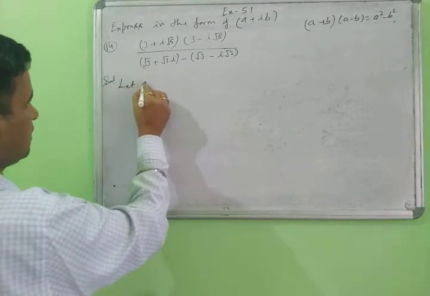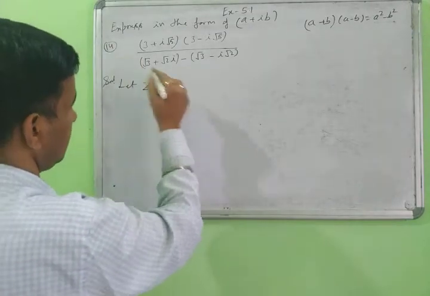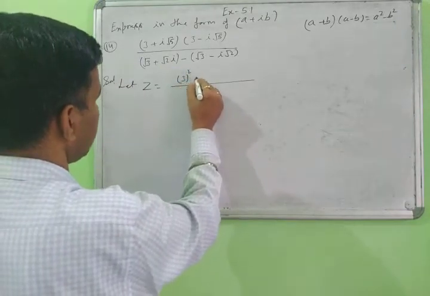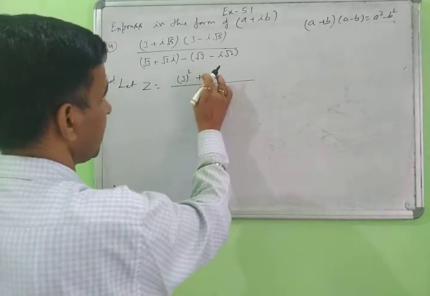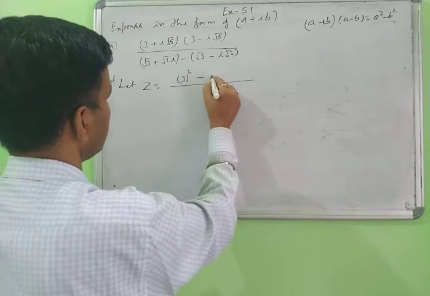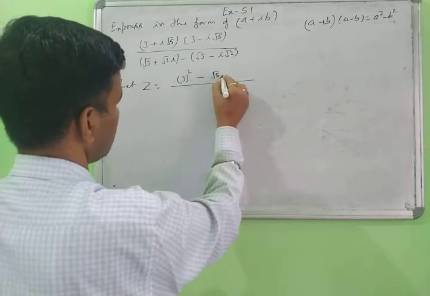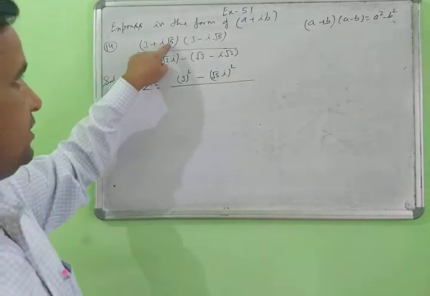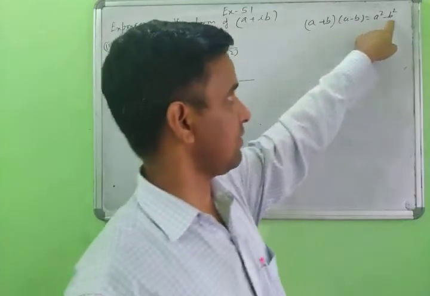Let this be z. Here a square means root 3 square, minus, this is the form of b, root 5 iota square. This is the form of a plus b, a minus b. What will it be? a square minus b square.